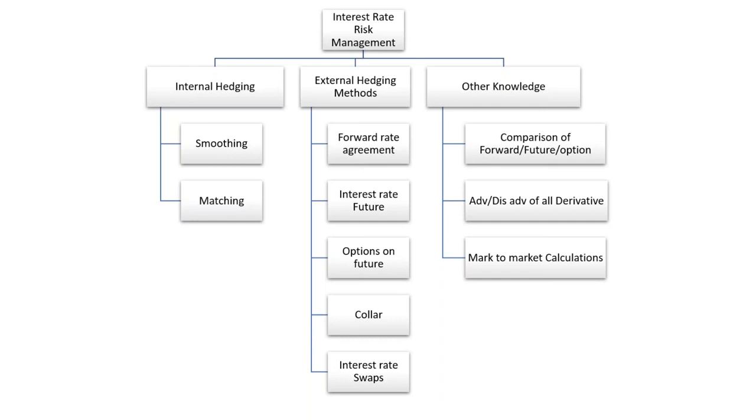So this is matching. External hedging methods are forward rate agreement, interest rate future, options, collar, and interest rate swaps. Other knowledge needed is comparison between forward and future, advantage and disadvantage of derivatives, and mark to market calculation.